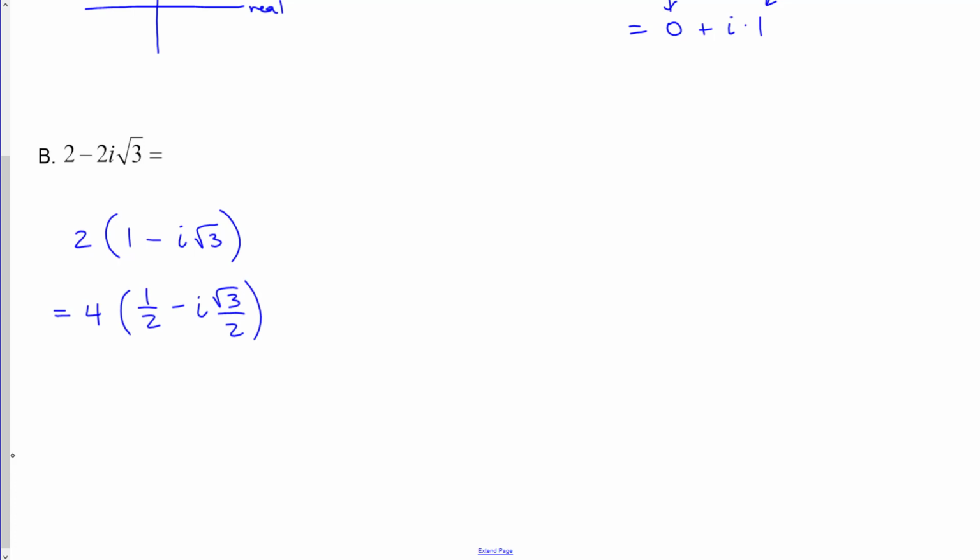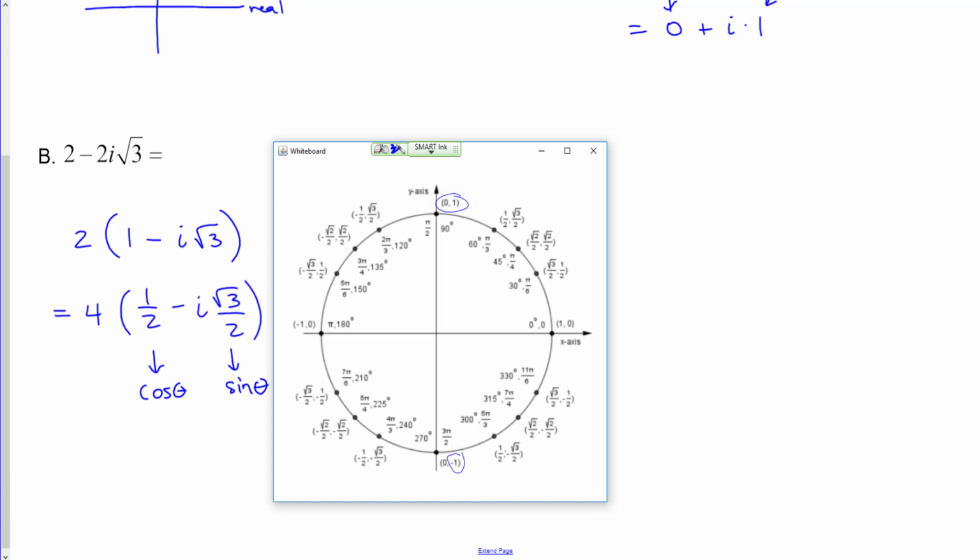By doing that, I now have 4 times 1/2 minus i root 3 over 2, which if I distribute the 4, I get right back to 2 minus 2i root 3. But what that tells me is I'm looking for the angle whose cosine is 1/2 and whose sine is -root 3 over 2.